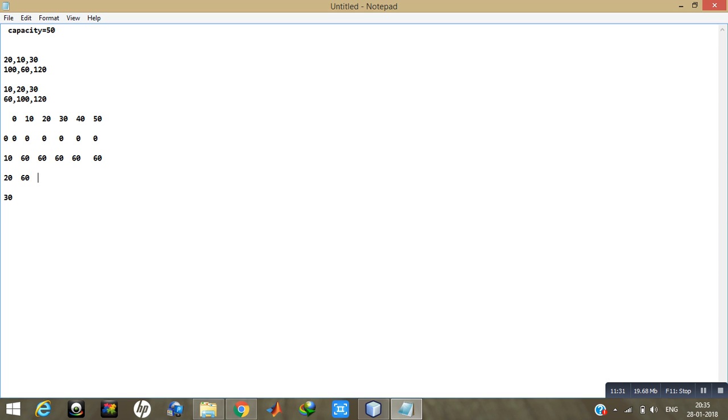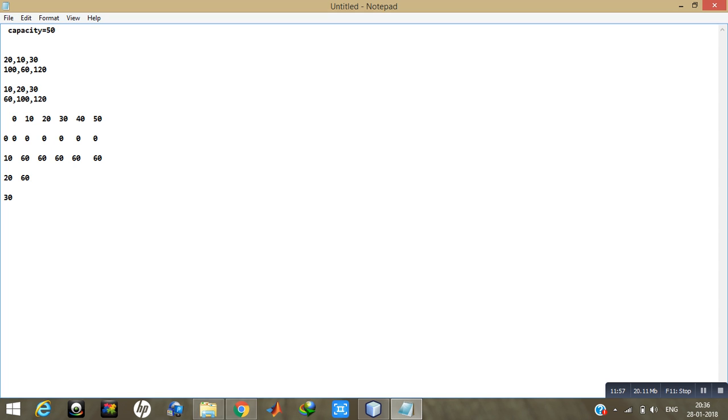So at the 20-20 position, whenever we have a capacity of 20 and we have bags of 0, 10 and 20, at that time we can take only the bag of 10, or we can take only the bag of 20.